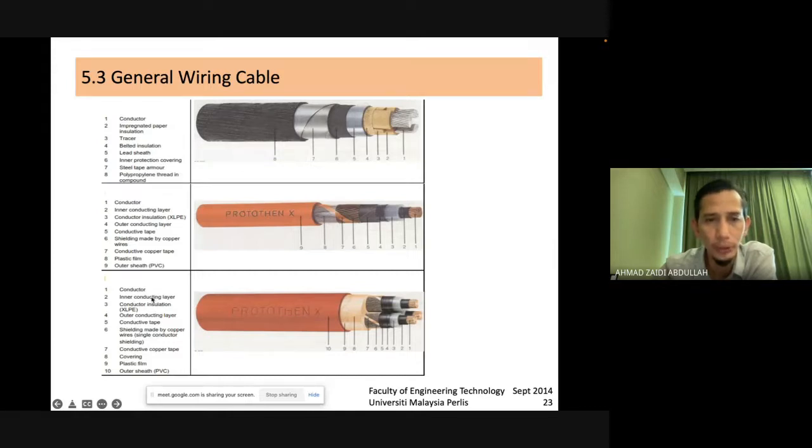So including of conductor kat sini ya, this is our conductor, but we have a lot of layer, including of inner conductor, insulator, SLPE, outer, kemudian dia ada conductive tape, kemudian dia ada shielding, kemudian dia ada conductive copper tape, covering, plastic film and outer sheet. So this is a very good cable lah.